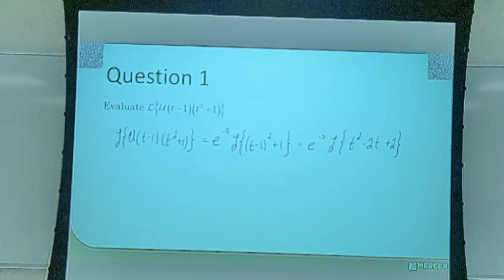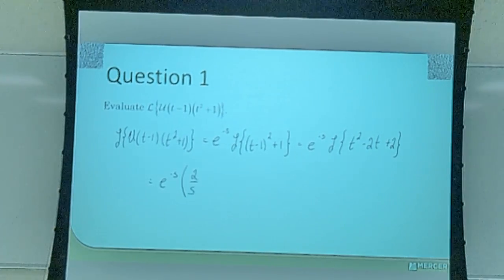That's linear, so you just take the transform of each term individually. Transform of t squared: 2 factorial over s cubed. And at this point, you can use the table provided.